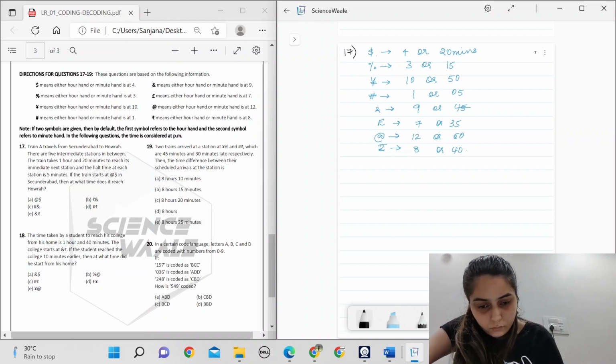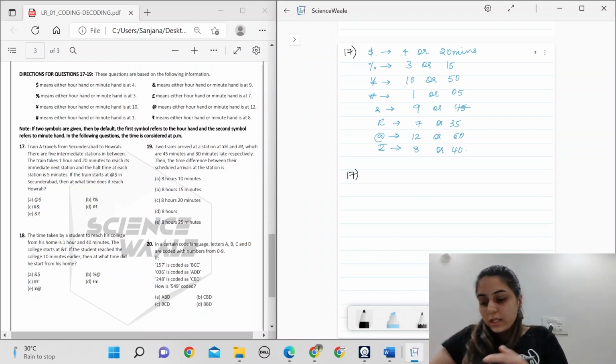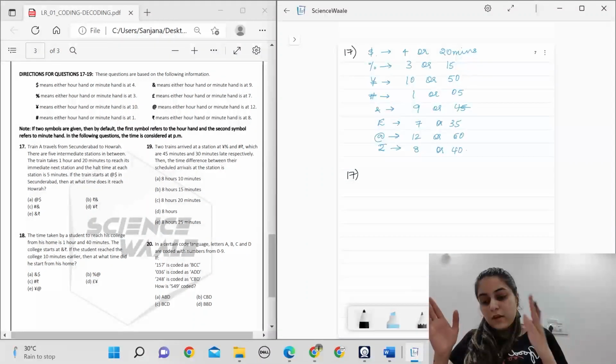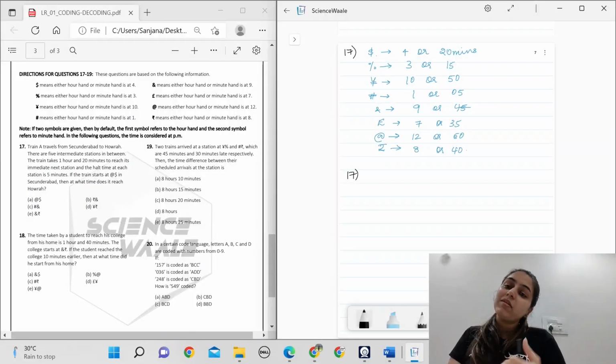Done. Now in the 17th question, what they have asked us: train A travels from Secunderabad to Howrah, and there are 5 intermediate stations in between. The train takes 1 hour 20 minutes to reach its immediate next station, and the halt time at each station is 5 minutes. So if the train starts at so and so time at Secunderabad, at what time does it reach Howrah?